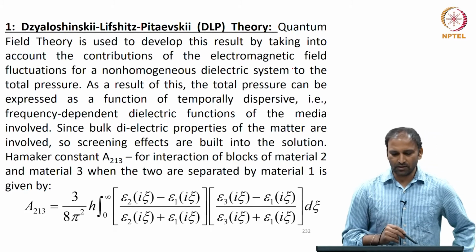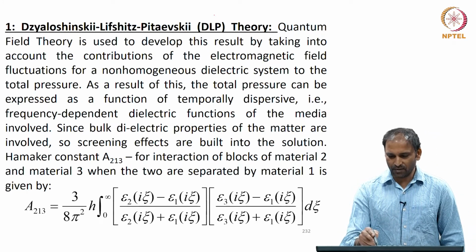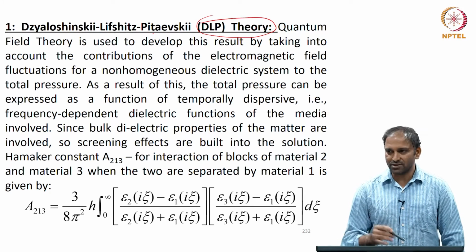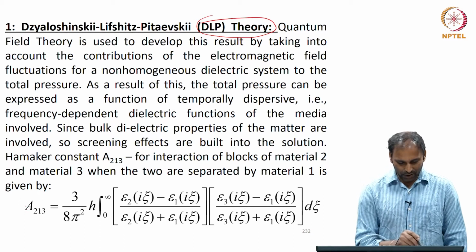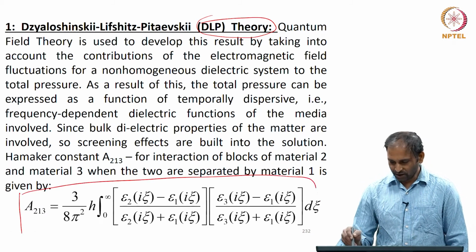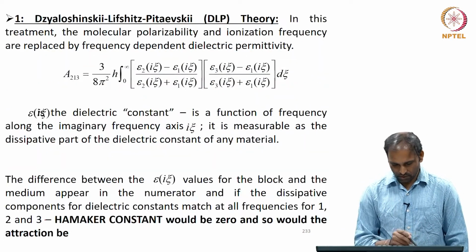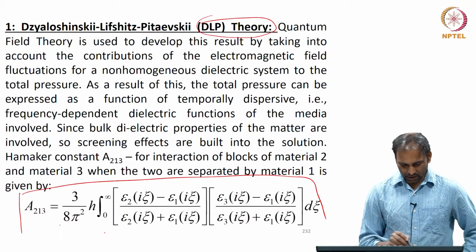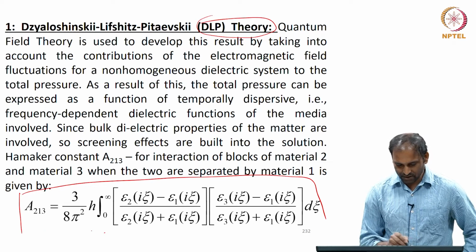So, the first theory is something called the DLP theory. Again, the derivation is beyond the scope, but I would like to point to this particular expression because it tells us some nice things.